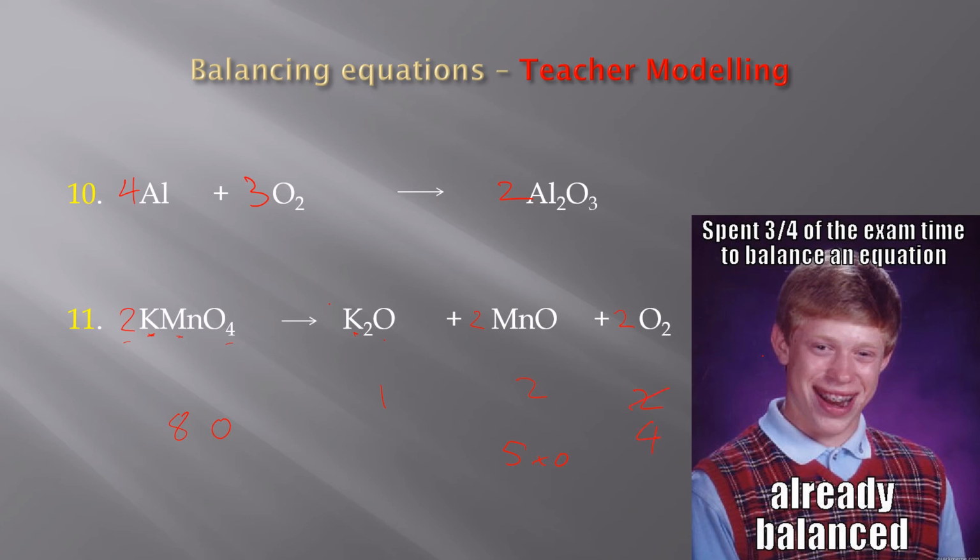So it's now 4 plus 2 plus 1. That's 7 oxygens, but I need 8 over there. So it's not really going to work. So what we have to do is start playing around with how many of the other elements we have to actually make this balance. So tidy it up again.